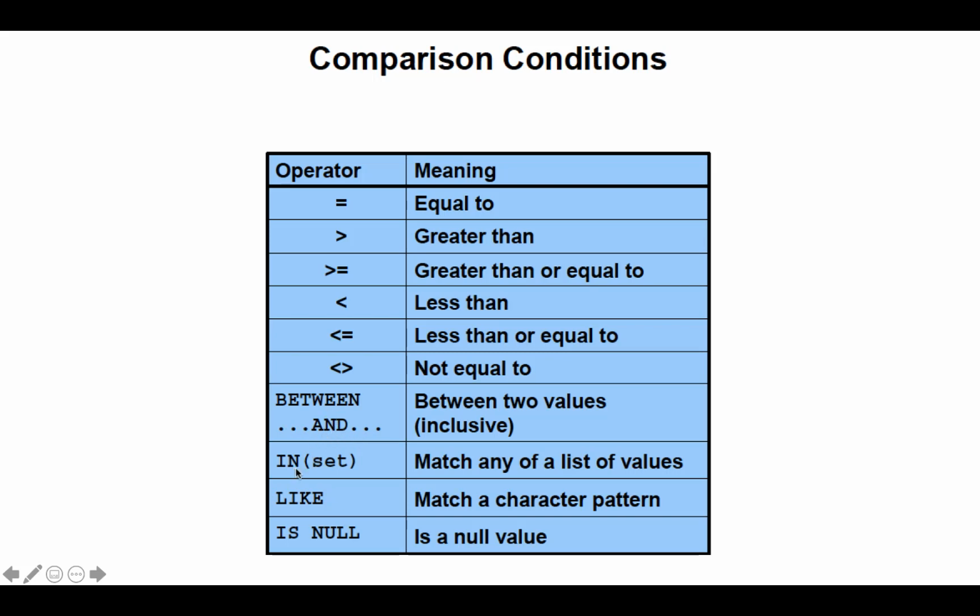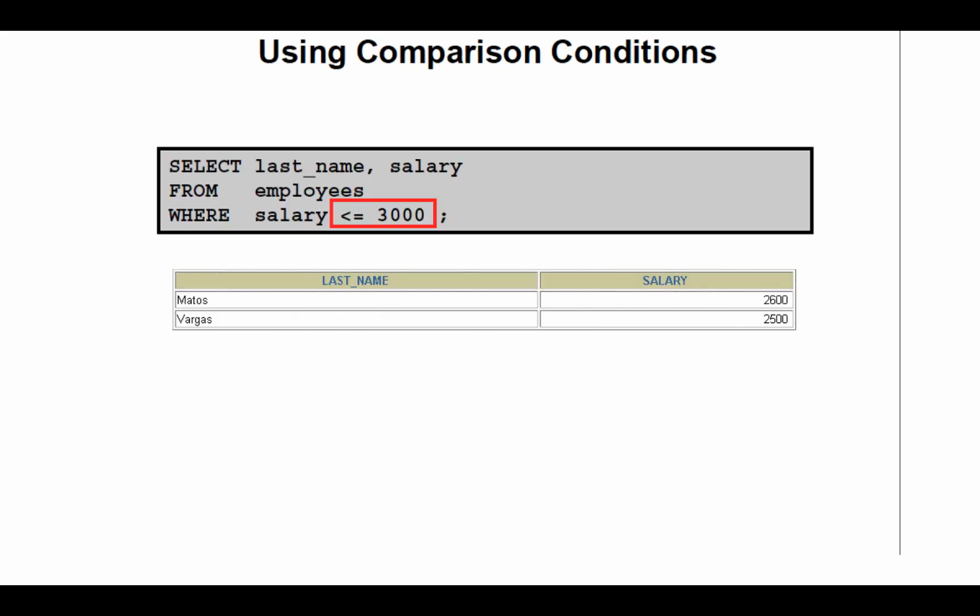You have IN, you match if the value is in this set. You have to provide a set between brackets, and I will give you an example on this too. We have seen LIKE before, and will have another example. And IS NULL checks if the value is null. In this case, this is providing you with the employees where salary is less than or equal to 3,000, and this is going to be the result.